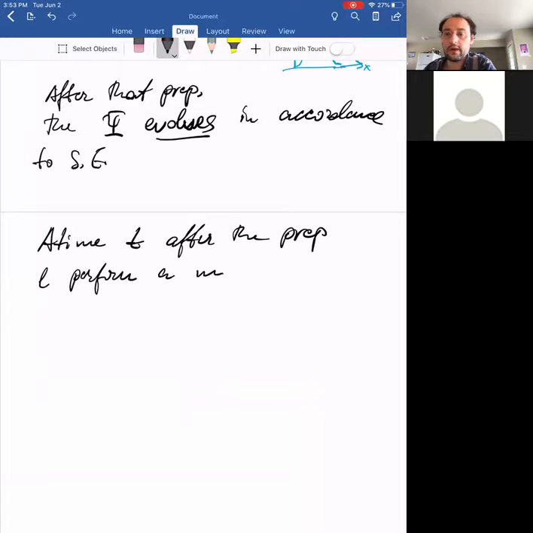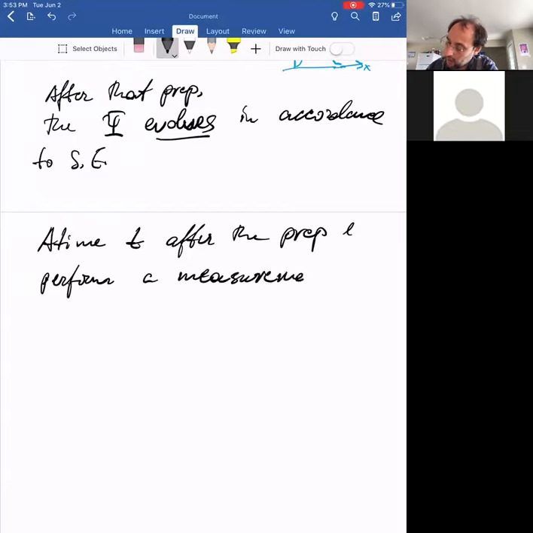At time t after the prep, I perform a measurement of some quantity.